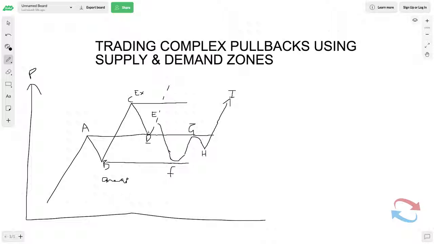And support and resistance is not an edge, because 99.9% of traders are trading support and resistance. So how is that an edge? It's obvious for everybody to see, right? So what you need to do is try to look at the chart from a technical perspective, but also from a psychological perspective, right?